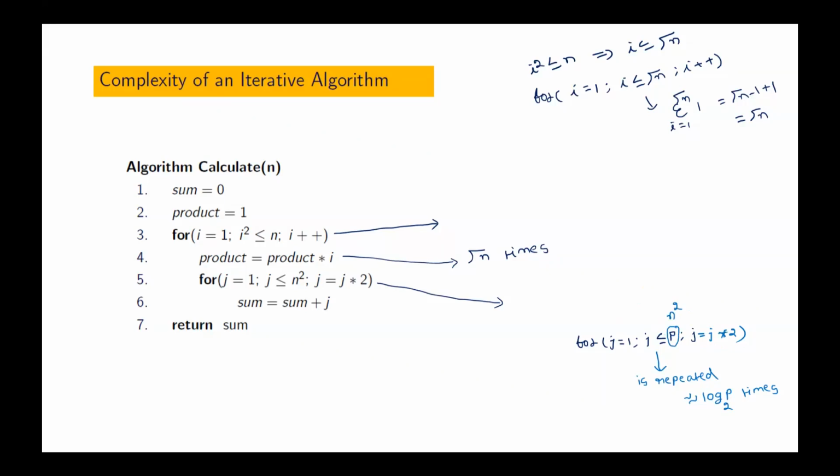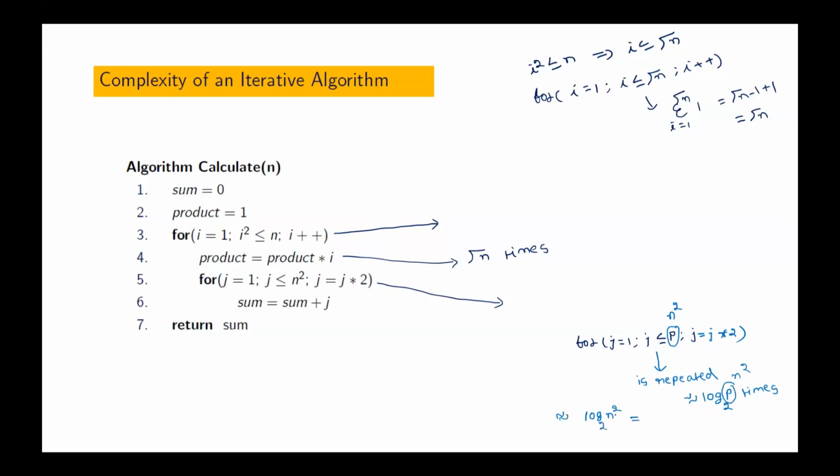Wherever p is there, replace that with n squared. So how many times is it repeated? Log n squared, approximately log n squared base 2.